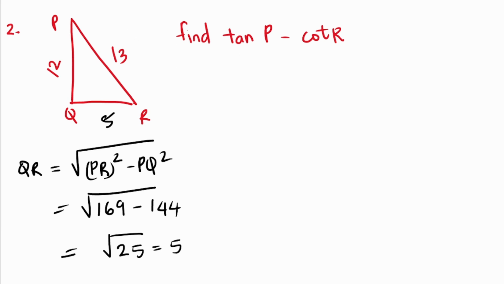Now you need to find what's tan P. Tan P is opposite side divided by adjacent side, and with respect to P, the opposite side is QR, that is 5.